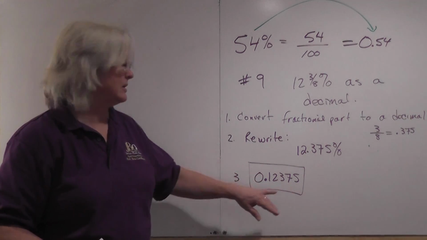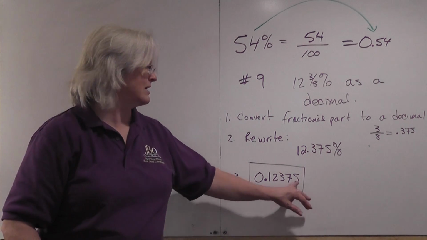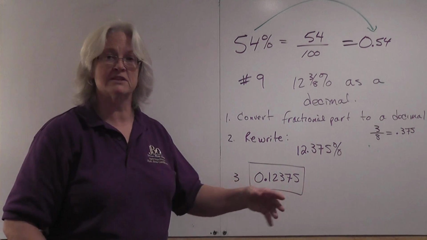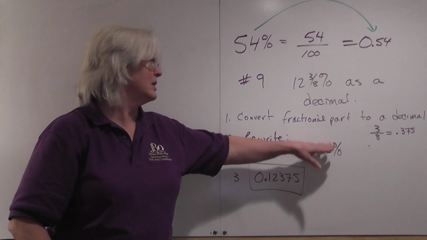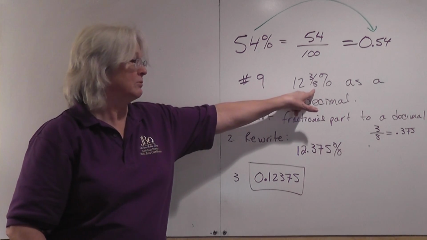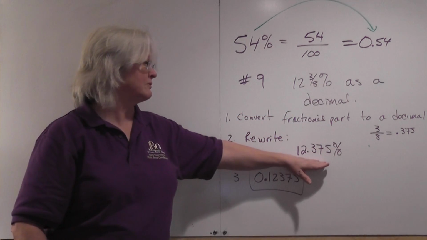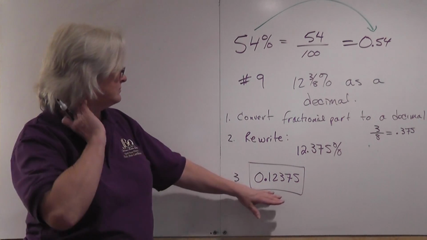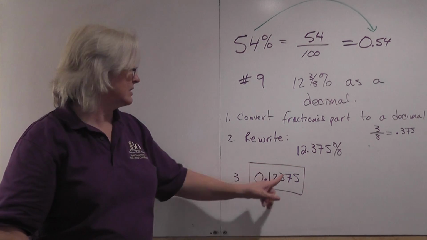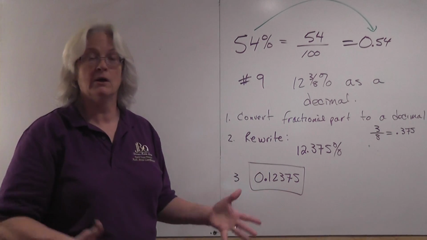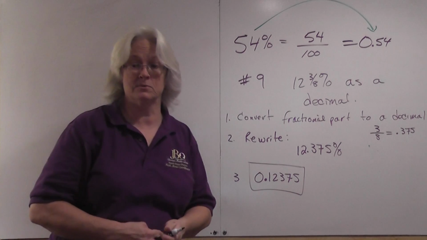So this expression right here, 12,375 100,000ths, is the decimal representation of 12 and 3/8. We wrote 3/8 as a decimal, so we have 12.375, converted to a decimal by moving this decimal point 2 spaces to the left, 0.12375. That's all that's involved in writing a percentage as a decimal.